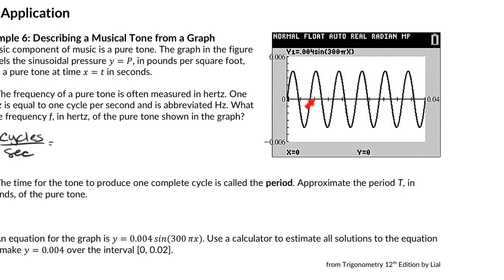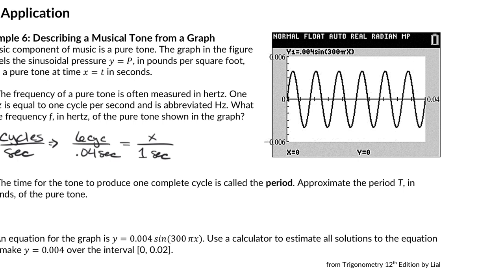So 1, 2, 3, 4, 5, 6. So we have 6 cycles in how many seconds? 0.04. Great. A hertz is measured in 1 second. So if 6 cycles happen in 0.04 seconds, how many cycles will happen in 1 second?